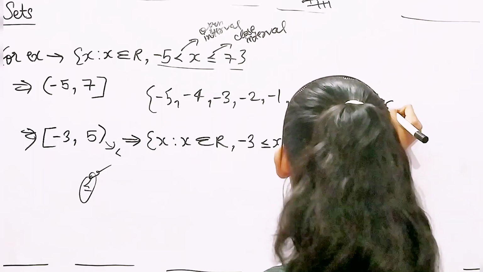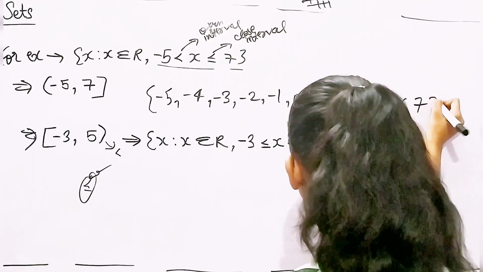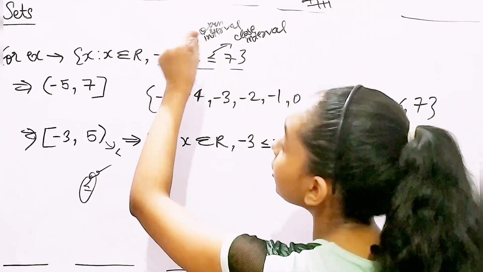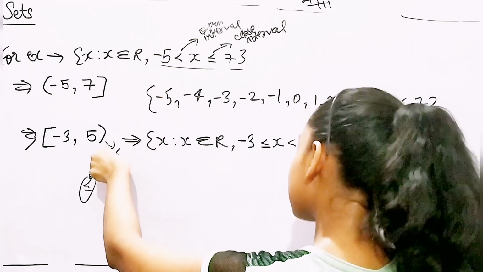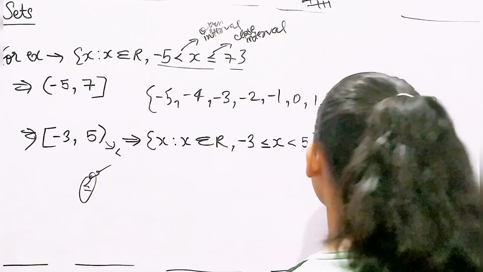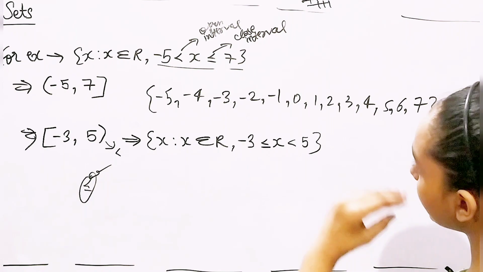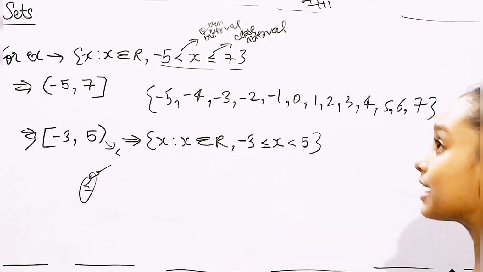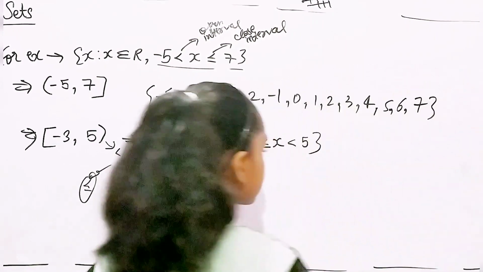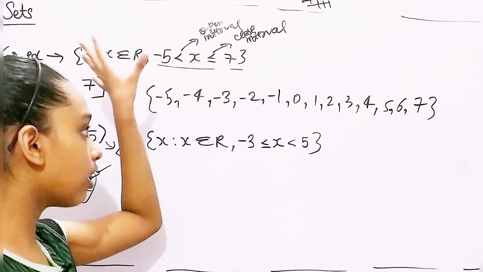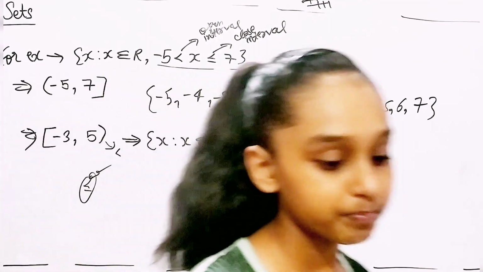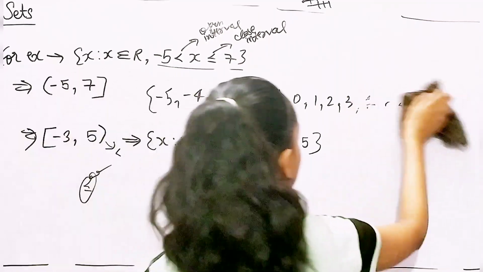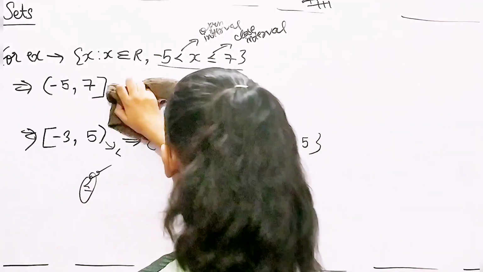On the right side we have exactly 7. But on the left-hand side, -5 is less than x, so -5 itself is not included. Let's not focus so much on it.